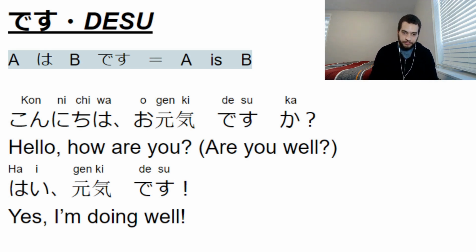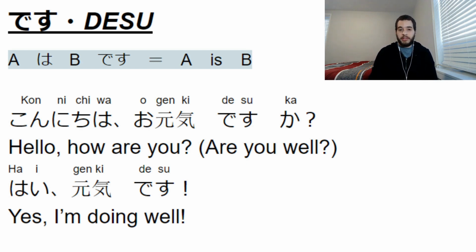Right here, we've got konnichiwa, o genki desu ka? Now, we break it down. Hello, how are you? Konnichiwa is hello. O genki is well. Desu is. Ka is a question particle.